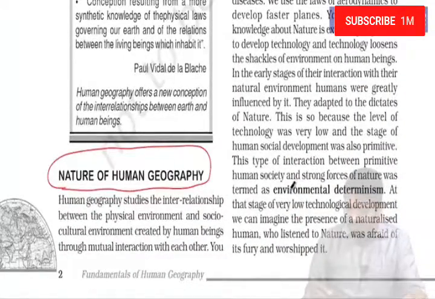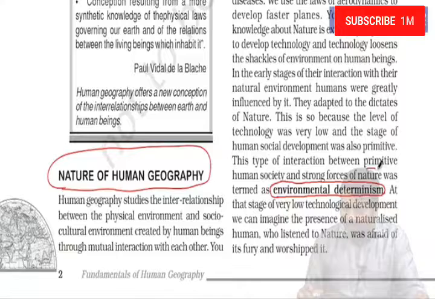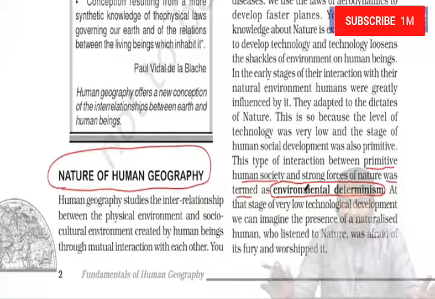We have some terminologies called environmental determinism. The meaning of this is interaction between primitive human society and strong forces of nature is termed as environmental determinism. The meaning of this is environment will determine how exactly we need to live.